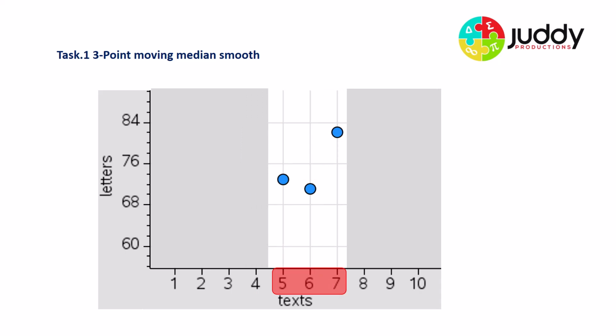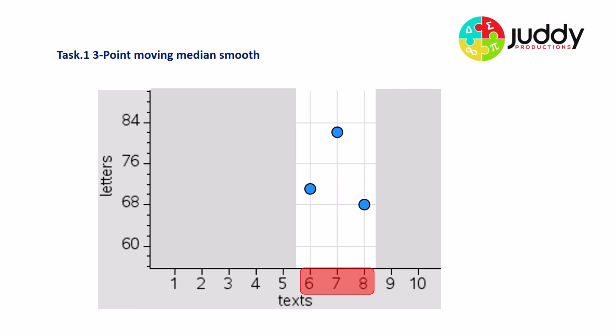Clearly our median on the text axis is text number 6, and in terms of the letter axis, there's our lowest value on the y-axis, there's our middle value on the y-axis, and this is our top value. So in increasing order, 1, 2, 3, and the median is the middle point. So 6 is the middle on the text axis, and this particular point here references the middle on our letters axis.